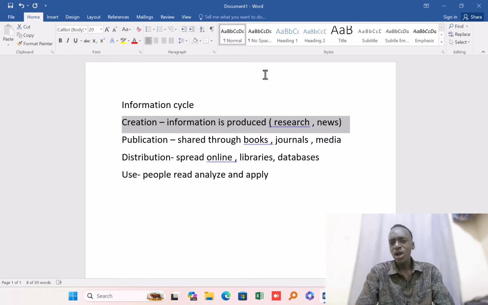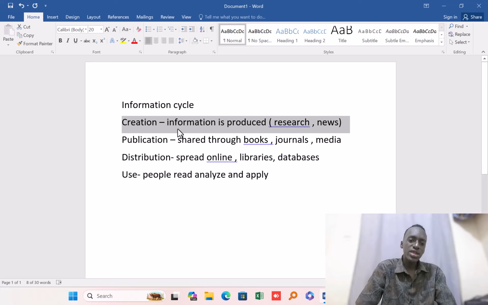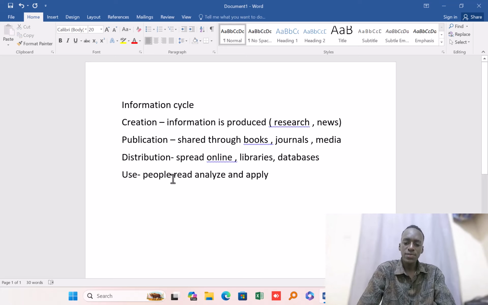So after all the three, we have the use, using the data that we have got. How are the people going to use it? One, they need to read it. They need to analyze it and then apply it.